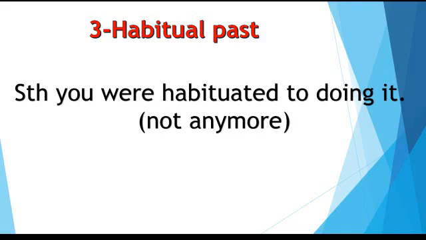If you're still doing it, then it's going to be a habitual present, and that's what we will see when we reach the present. So now I'm talking about the habitual past, something you used to do but not anymore. It was a habit, to some extent a routine, you used to do it regularly, but you're not doing it anymore. Examples.